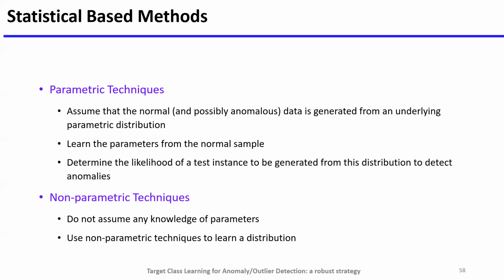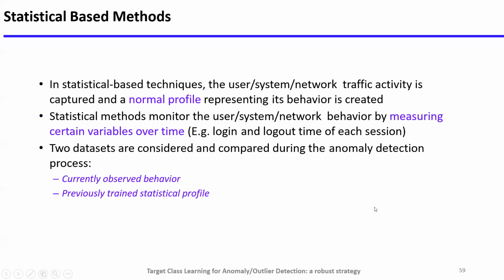Parametric techniques assume that the normal data is generated from an underlying parametric distribution, so we need to learn the parameters from the normal samples. We have to understand the overall data distribution for this purpose. Non-parametric techniques do not assume any knowledge about the parameters, and without this we need to learn from the distribution. So basically these are the two categories.